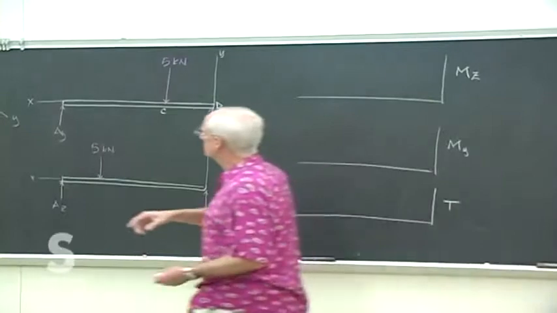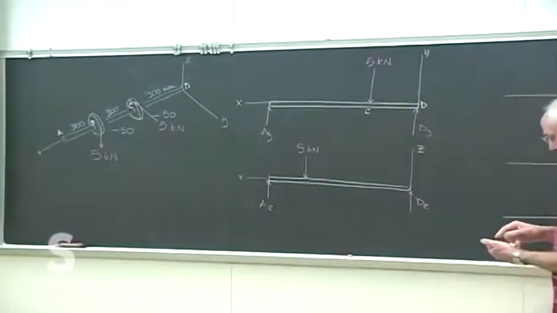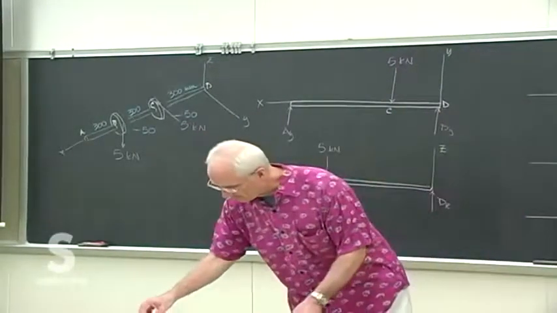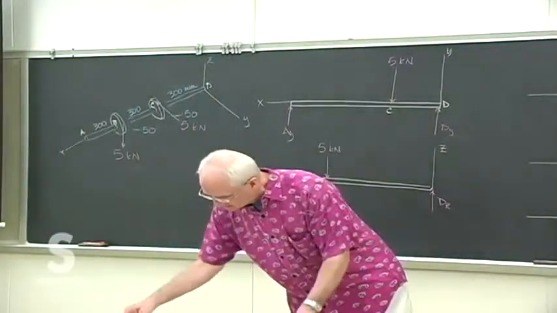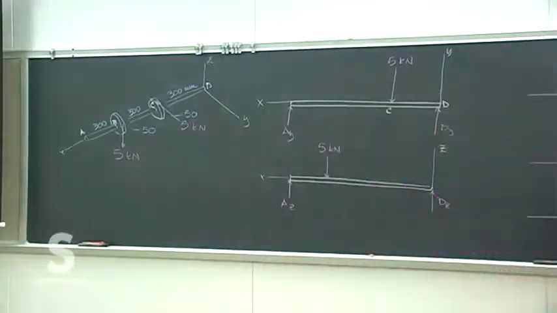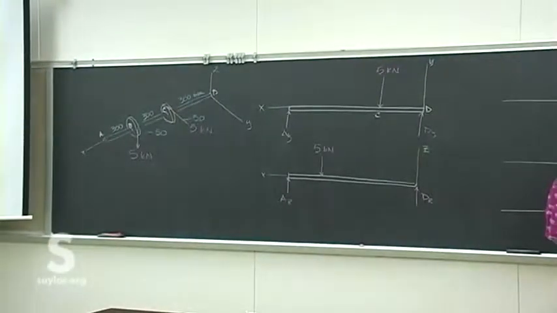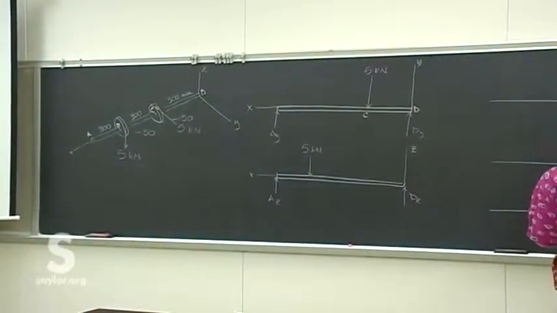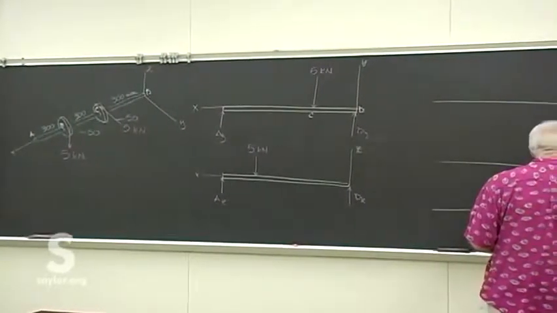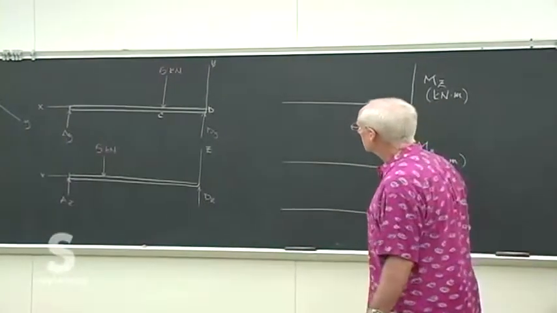Remember that these are 50 millimeter in radius gears. We'll do it in kilonewton meters, so we can all easily compare numbers. I think you have all the pieces then.